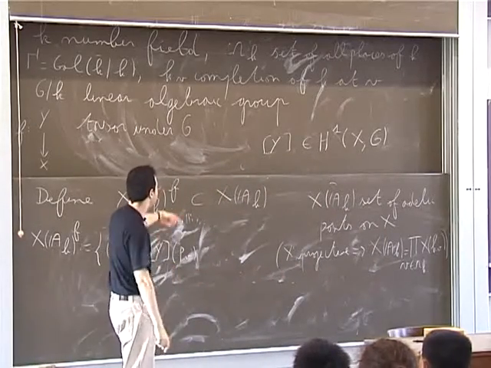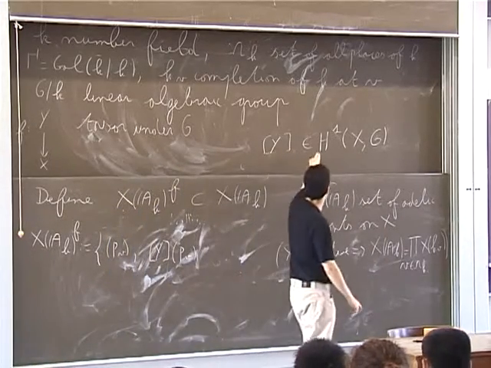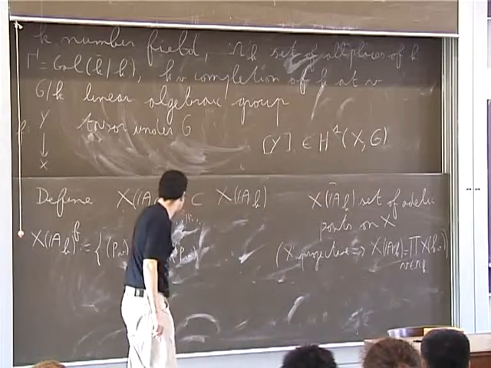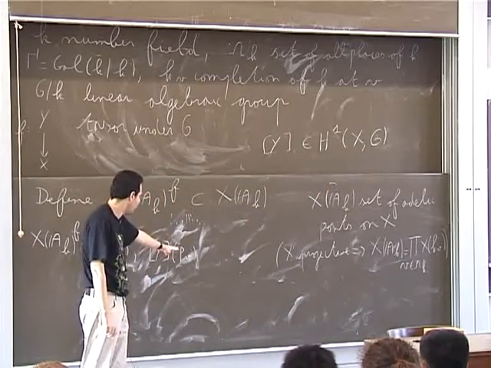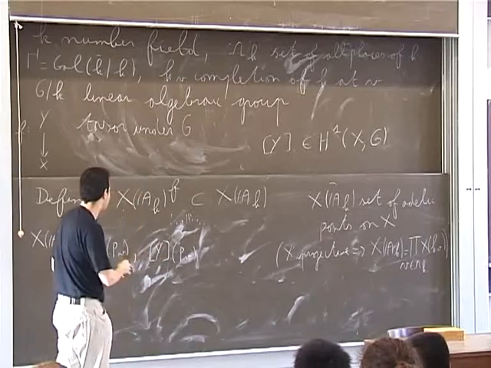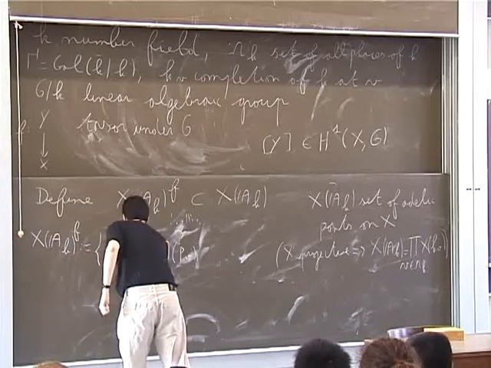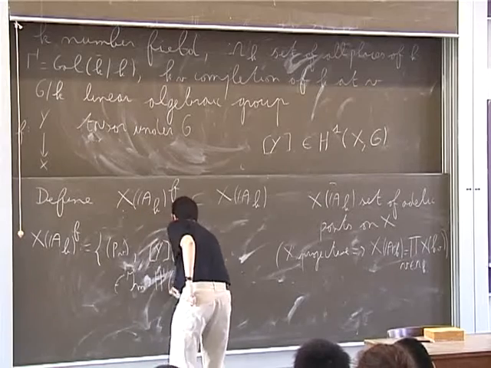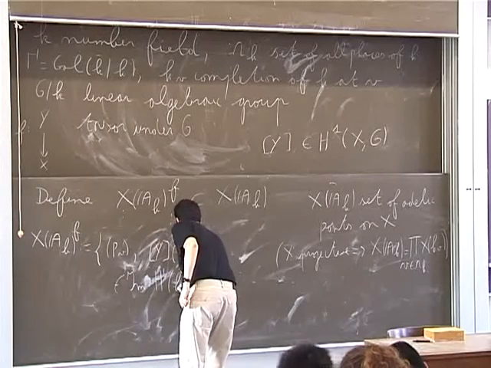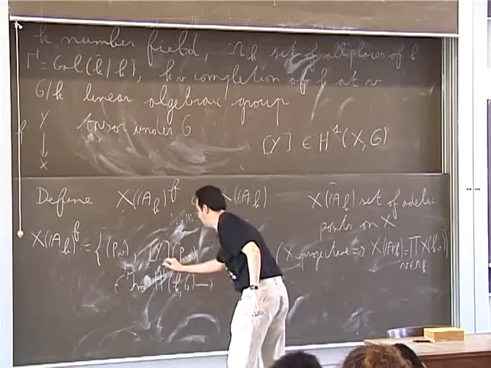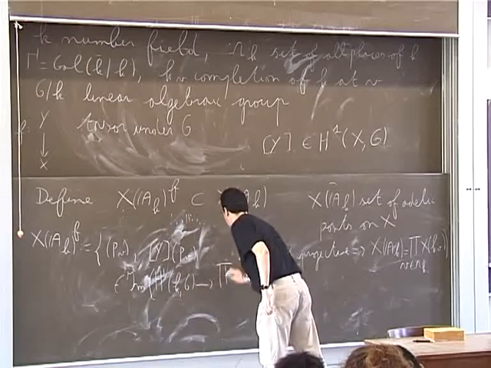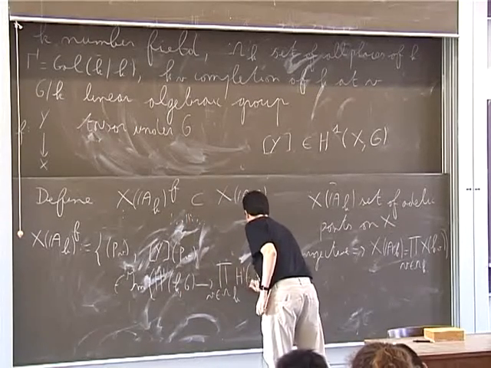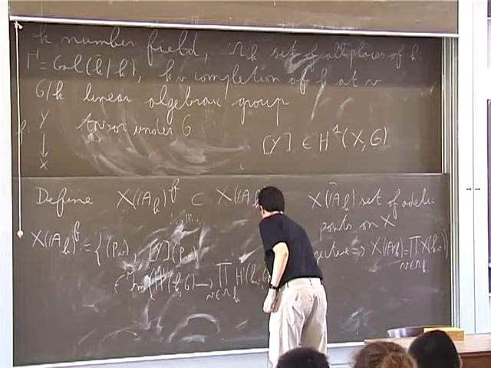So this is an element in the product of all Galois cohomology sets H1 of Kv, G. And what you demand is that this family of cohomology classes comes from one global class. So this has to be an element in the image of H1 of K, G going to the product for all v of H1 of Kv, G.